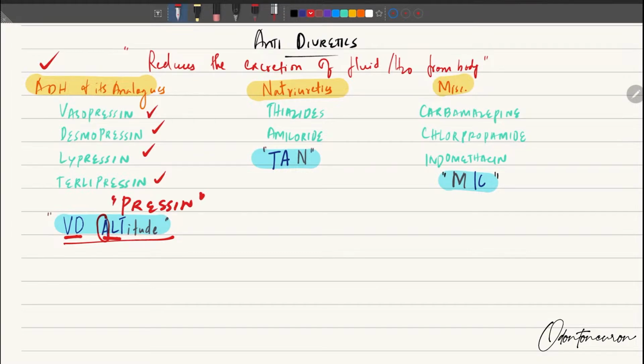The problem is that there are some drugs, like the one we discussed yesterday, which come in the next classification also, so people get confused. That's why I made this one too. But you can remember that the pressins come with ADH and its analogs, and you remember VD alt also, right?